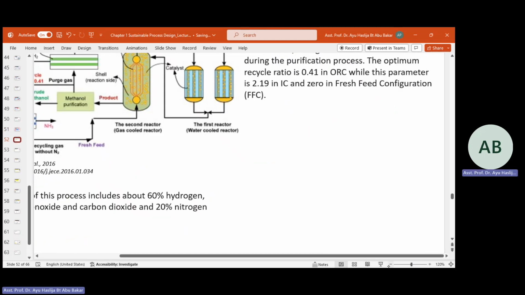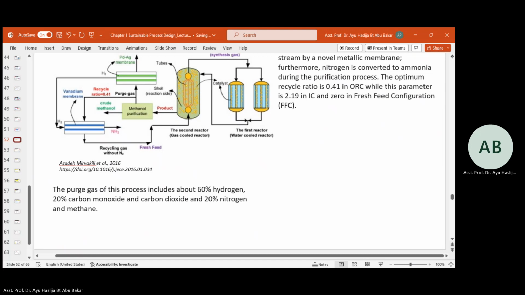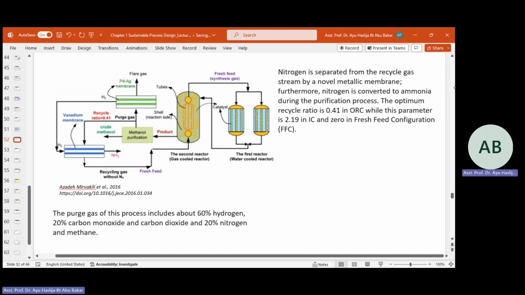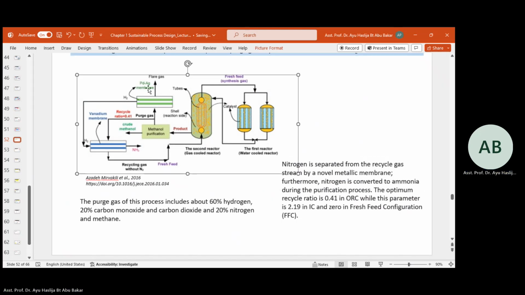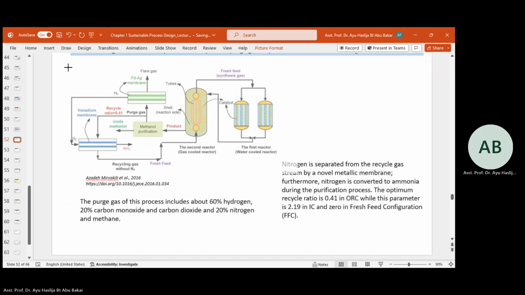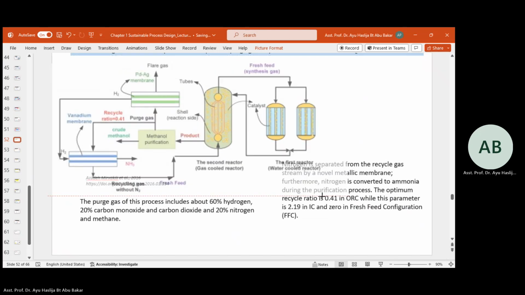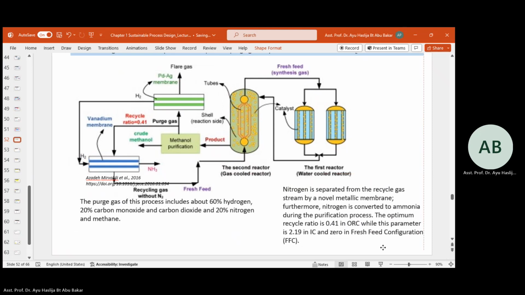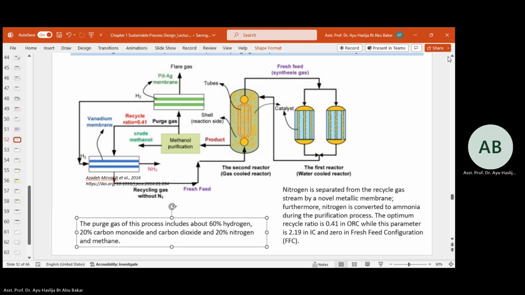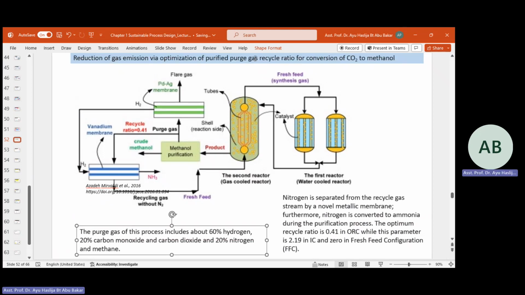Okay, now I give you this, adapted from journals. Wait, I make the diagram bigger. Adapted from the journals. It is a reduction of gas emission.